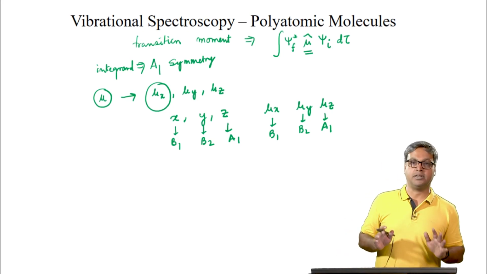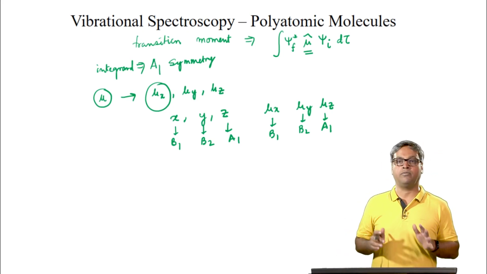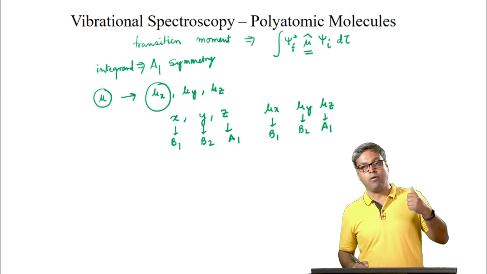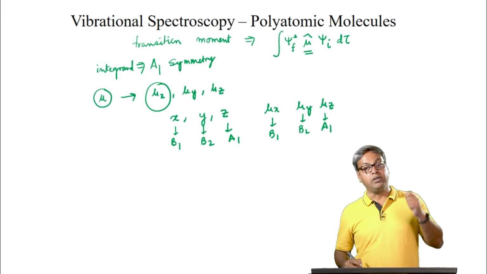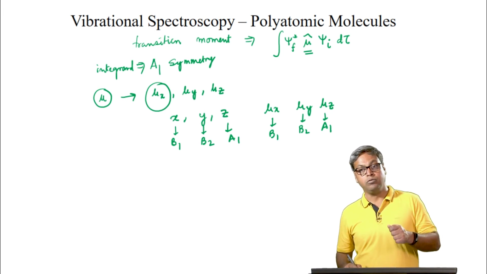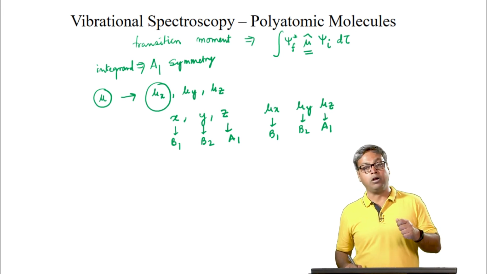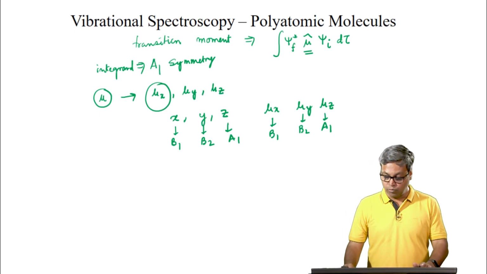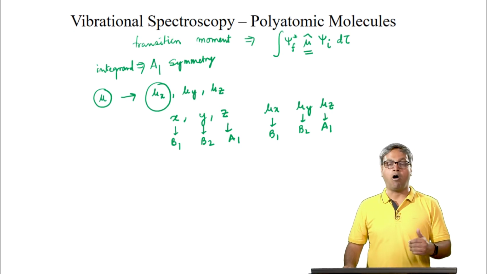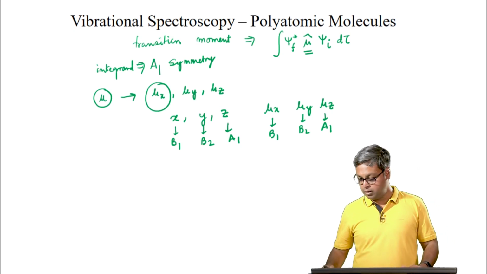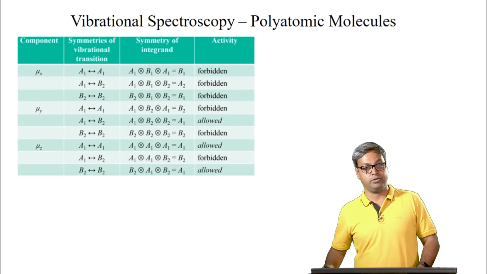As we have already discussed, the vibrational states of water have either A1, that is when v equals even, or B2, that is when v equals odd, symmetries. So, we can construct the possible symmetries of the integrand of the transition dipole moment.